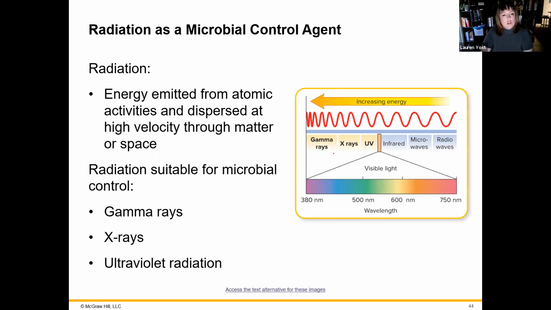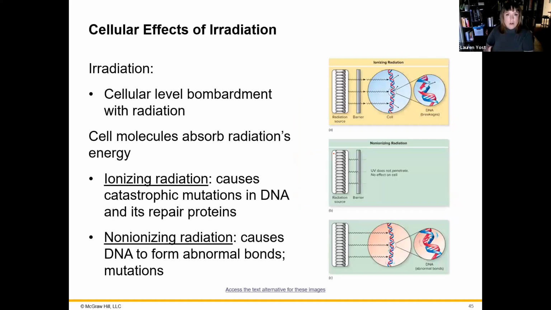Okay, radiation is also useful for microbial control. With radiation, we are talking about basically high energy molecules, right? So we're going to emit atomic activities, okay, energy emitted from atomic activities and dispersed at high velocity through matter or space. So it's more important, I feel, for you guys to understand the two versions of these kinds of radiation.